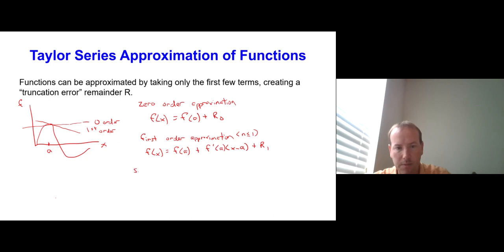Or we can make a second order approximation where n is less than or equal to 2. And so that will involve the above terms.